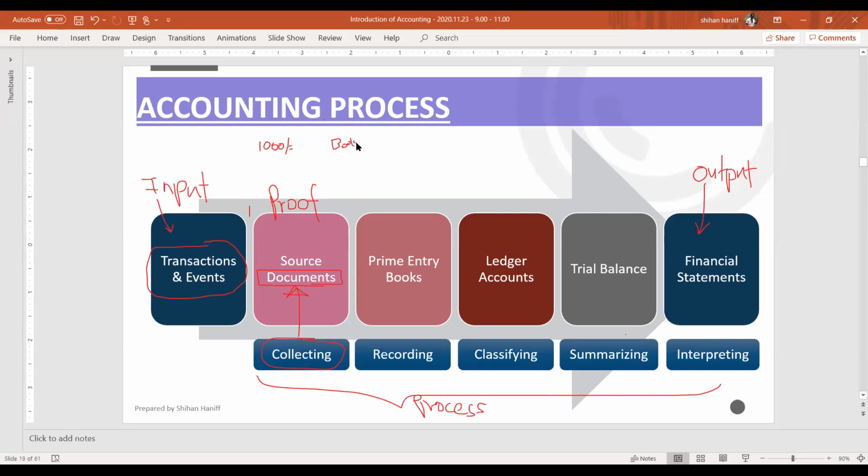The total cost of the books is 200 rupees. And you go and tell your father, I purchased books for 800 rupees and here is the balance 200. Then you take that 600 into your pocket.